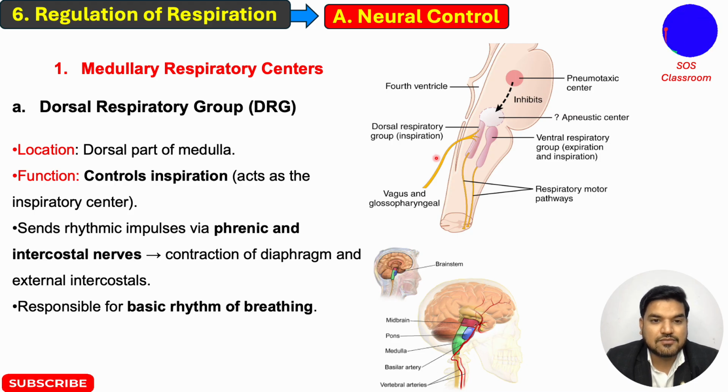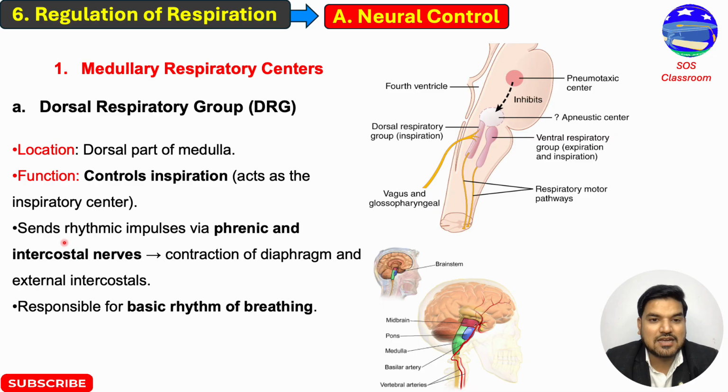How is it controlled? The DRG sends electrical signals through the phrenic and intercostal nerves, leading to contraction of the diaphragm and the external intercostal muscles. Because the DRG controls inspiration, it controls two muscles of respiration: the diaphragm and the external intercostal muscles.